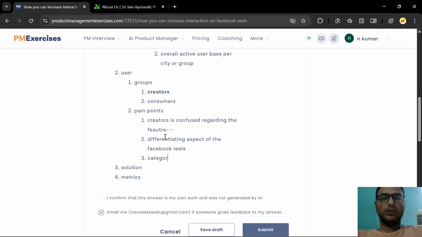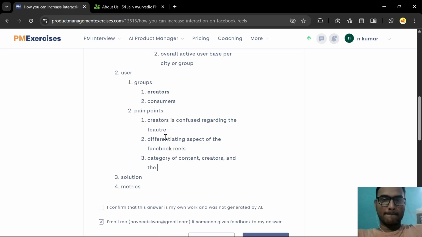So the category of content creators and the impact itself, because some of the categories are quite popular. Now the pain point or the thinking of a creator is that some of the categories are quite popular.